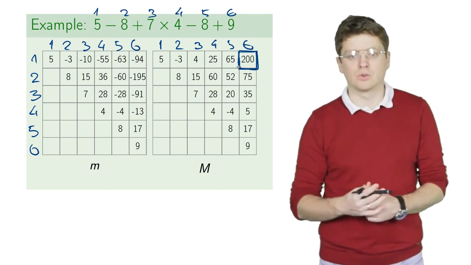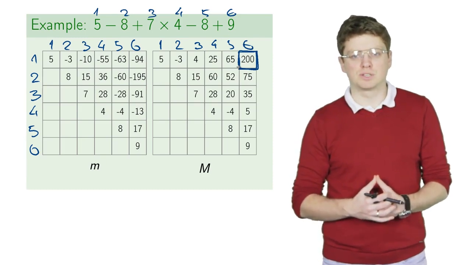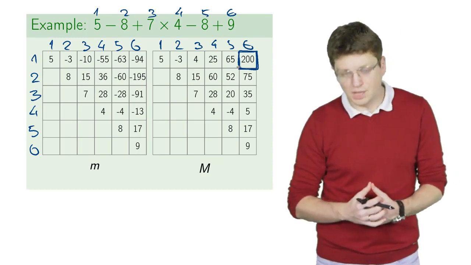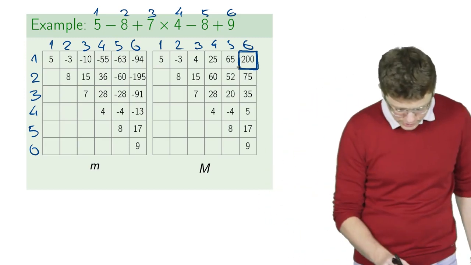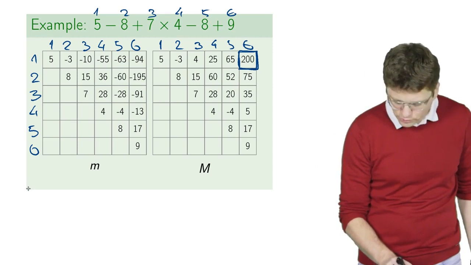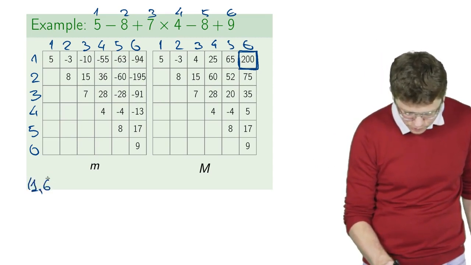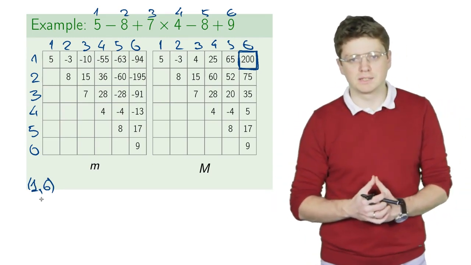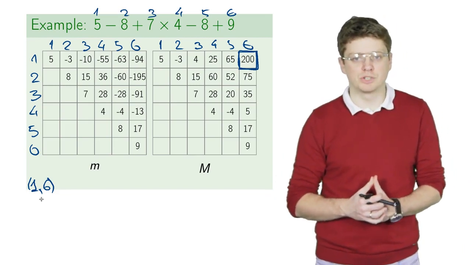So our first goal on this way is to understand from which two sub-expressions of the initial expression the value 200 was computed. Well, let's see. When computing the maximal value for sub-expression 1,6, we tried all possible splittings of the expression 1,6 into two sub-expressions.